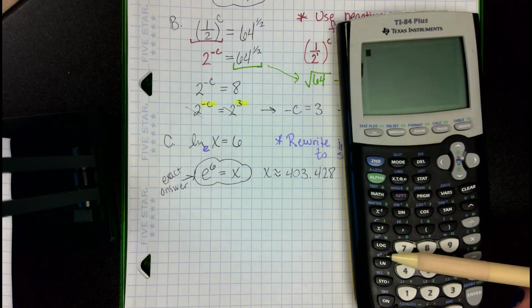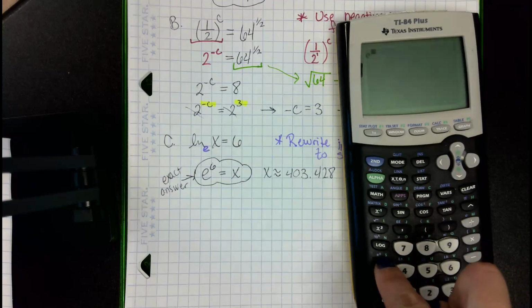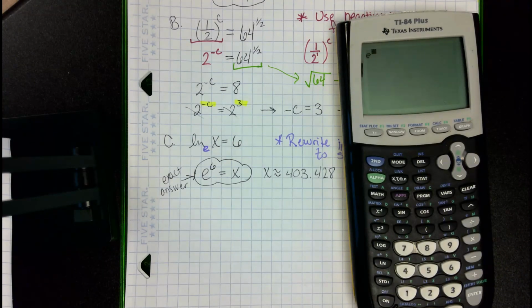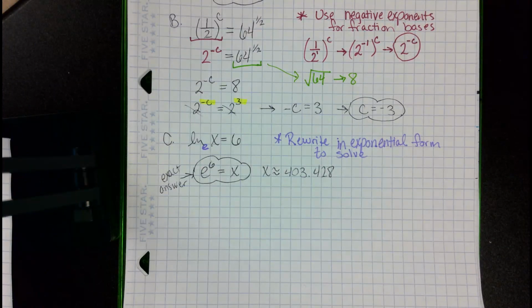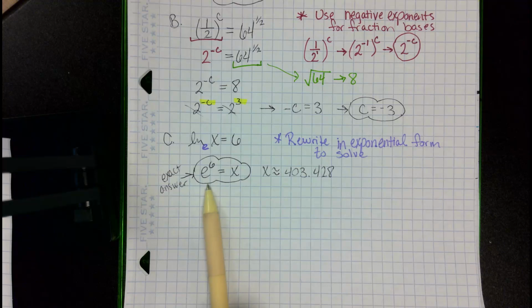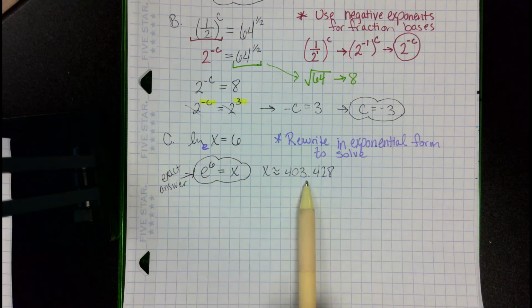And see how it says e to the x above ln? So you'd press second ln, and then it gives you e, a lowercase e, and then I would type in 6, and it gives me my decimal. And that's the approximate. So if the instructions say give the exact value, you would give this form. If the instructions said give an approximate, then you would give this form.